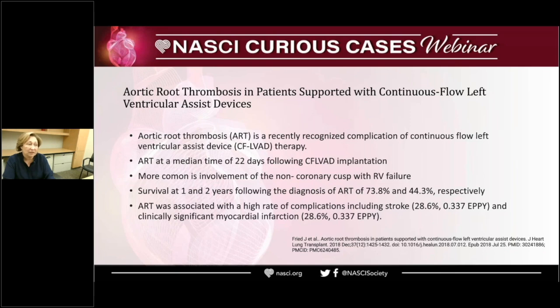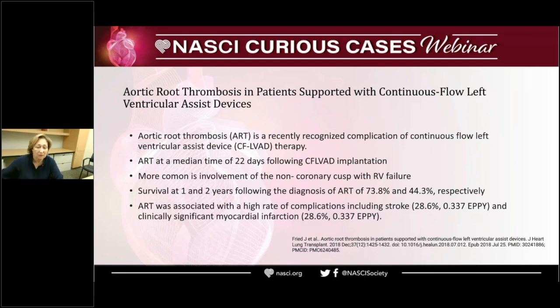Survival is affected, and the incidence of MACE is higher in these cases as well. The 1 and 2 year survival is 73.8 and 44.3% respectively. And of course, we're talking about a higher rate of complications, such as strokes and myocardial infarctions, etc. Not many cases were published.